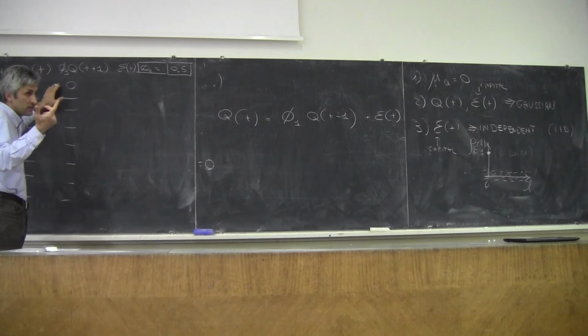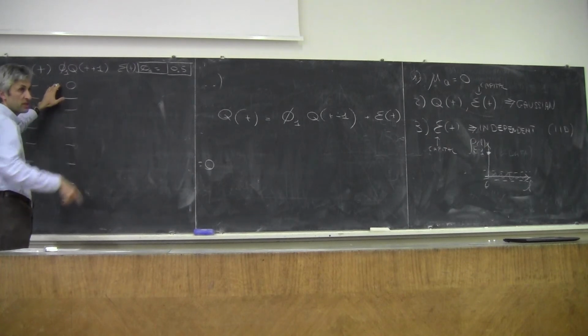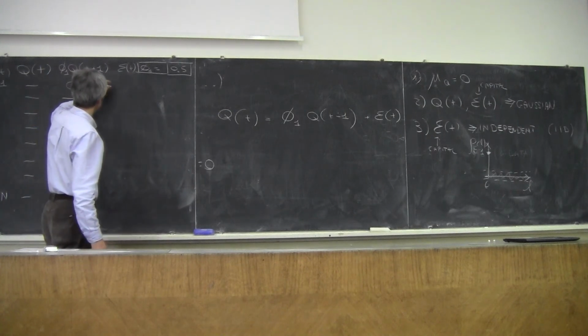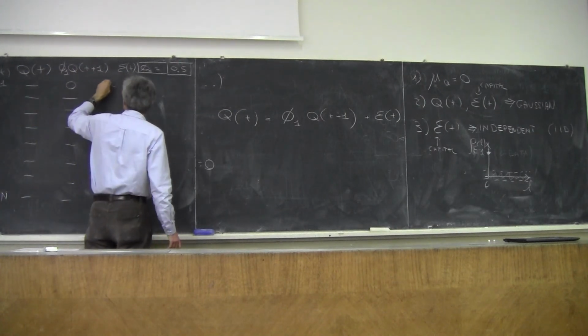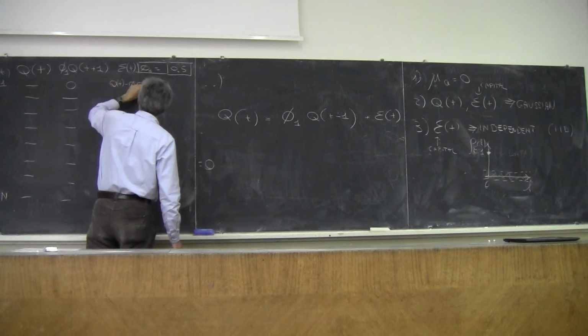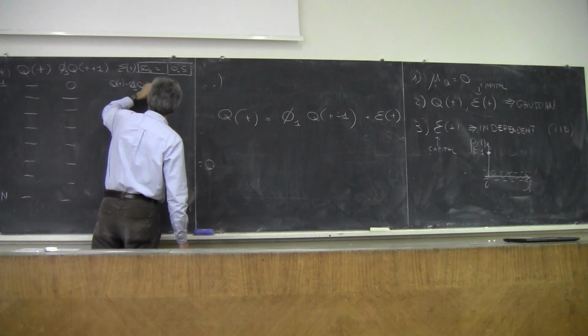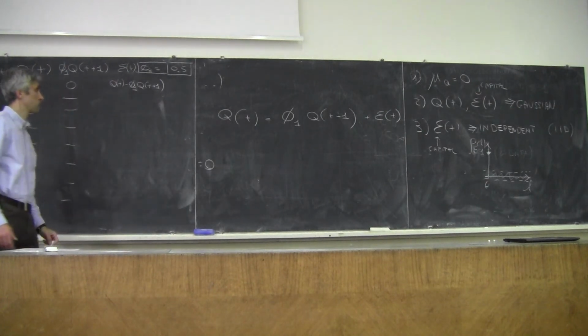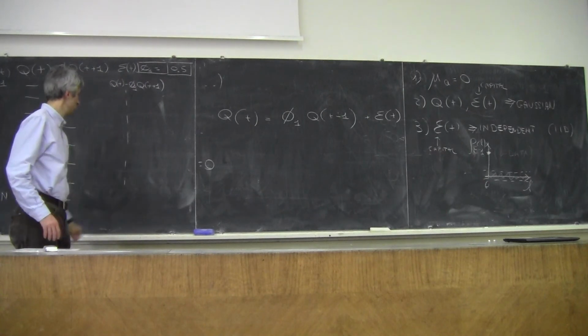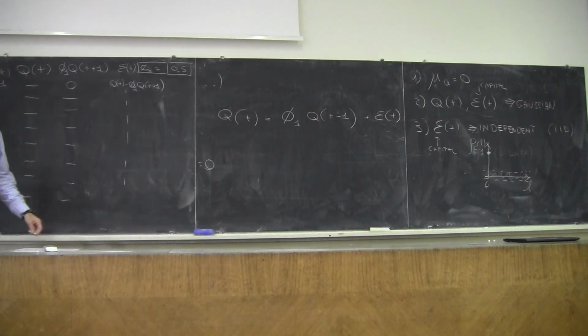The best guess is the mean, and the mean is 0 by assumption. So now I can compute epsilon, and epsilon is computed very simply as Q_t minus phi1 Q_{t-1}. So you have the sequence of the estimated epsilons.